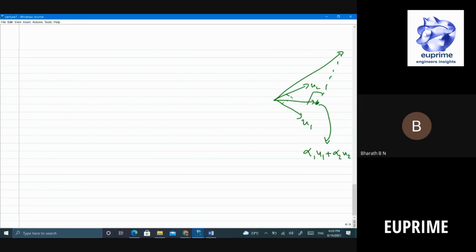So how do you ensure that this is orthogonal to this? Let's try to do that. Let's take the projection of alpha 1 u1, alpha 2 u2. If I project onto that, the projection itself will give me this, right? Now I want to ensure that this is orthogonal.